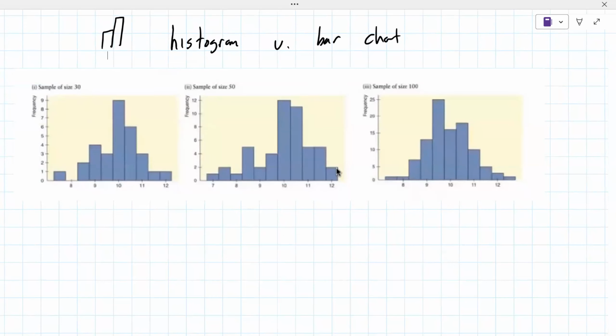What you're supposed to see is that as the sample size gets larger, it becomes more mound shaped, whereas you maybe can't see it over here or over here. That's not the question they're asking you, but it is an important thing for you to know.